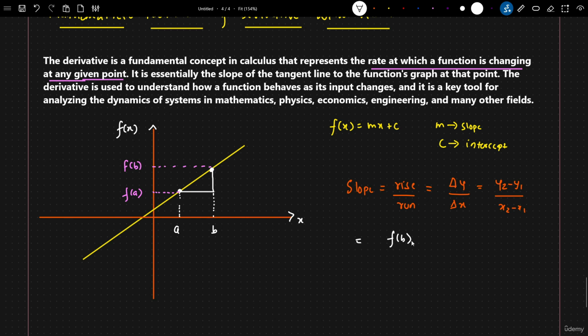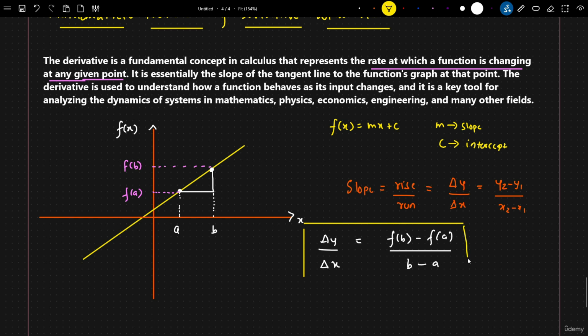So I will write (f(b) minus f(a)) divided by (b minus a). And this is the generic equation to find delta y by delta x. This is the most generic equation that in most of the textbooks you'll be able to find. So let me just represent it.